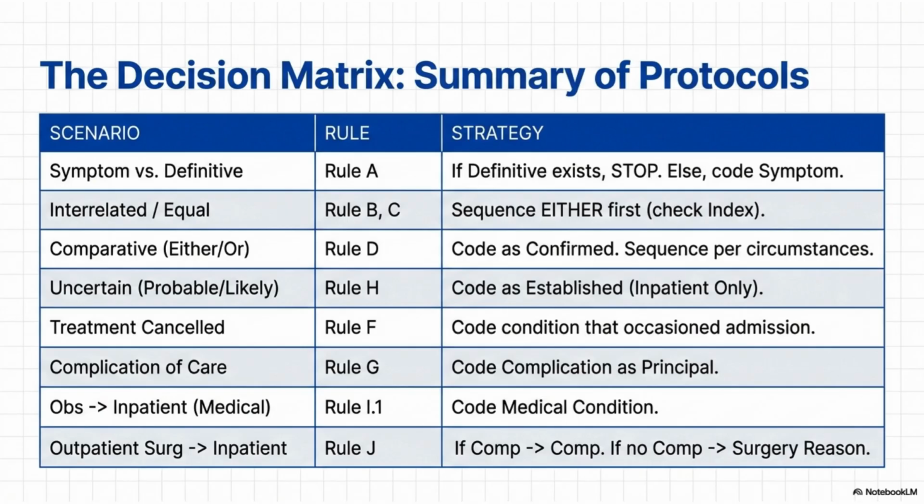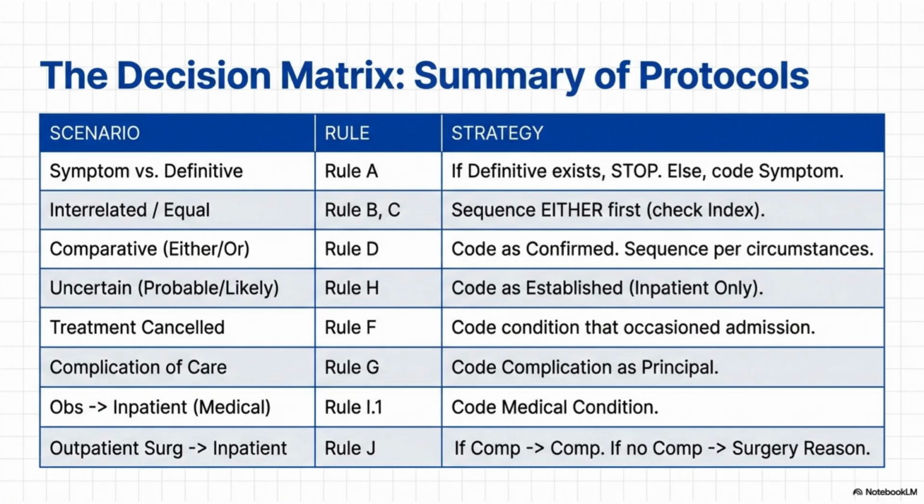When documentation presents either/or diagnoses, Rule D steps in. Treat them as confirmed and sequence based on the circumstances of admission. For inpatient cases with uncertain diagnoses, those probable, likely, or rule out situations, Rule H tells us to code them as if they're established. If treatment was cancelled, Rule F keeps us grounded.